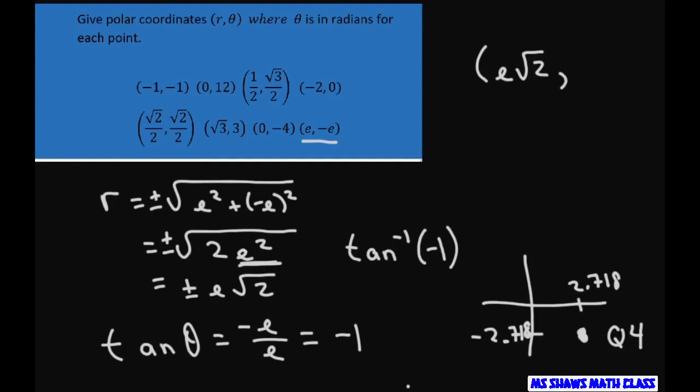Since we're in quadrant 4, we can't call this 7π over 4. We have to call it negative π divided by 4, because of the restrictions for the range of inverse tangent. If you're in quadrant 4, it has to go from negative π divided by 2 to π divided by 2.